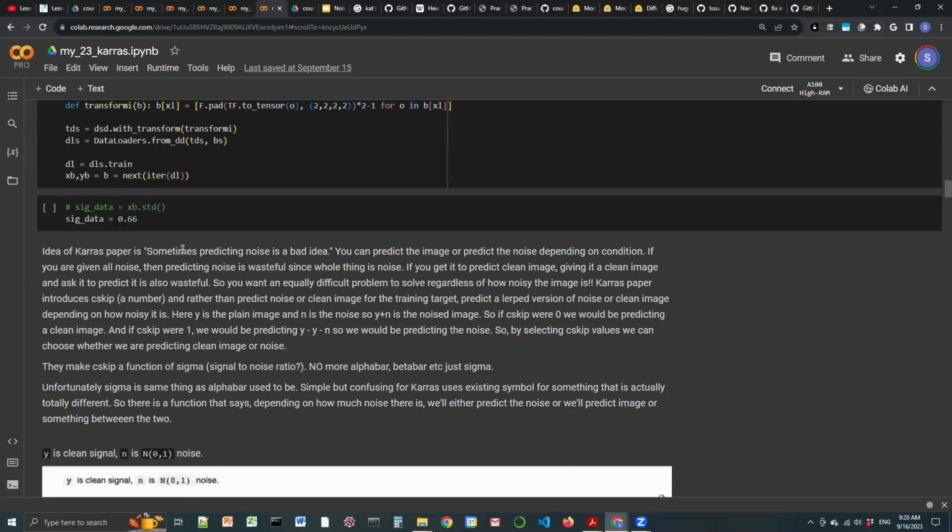But the point that the Karras paper makes is that sometimes just predicting the noise is a bad idea. Why is that? Well, the idea proposed in the paper is to predict noise sometimes, but sometimes predict the image. Now, why does that make sense?